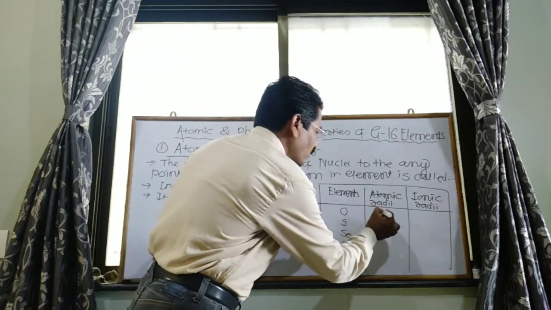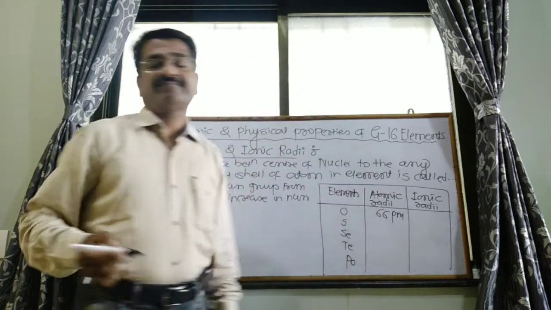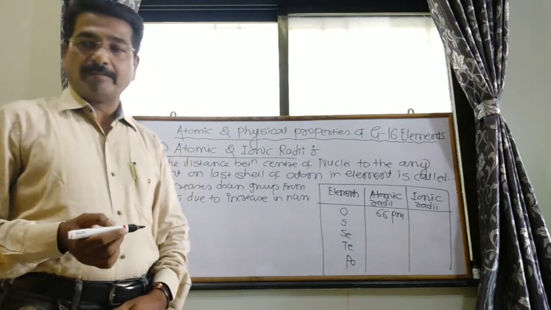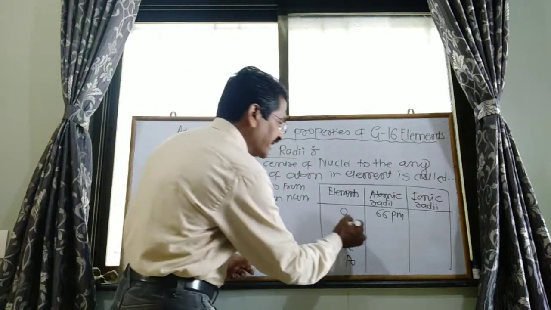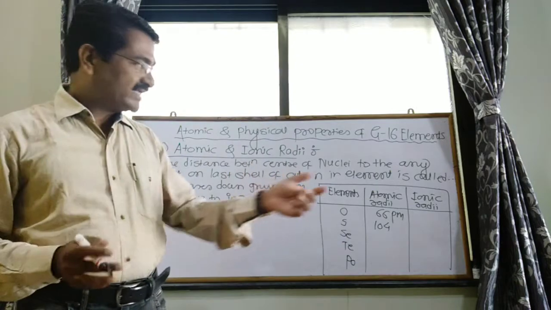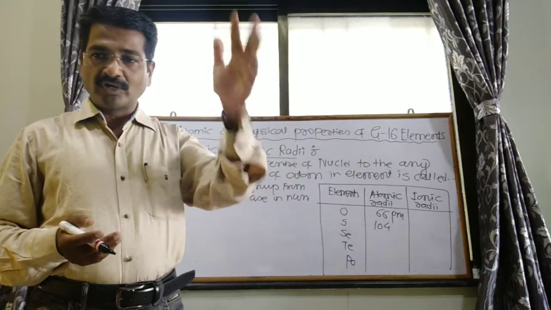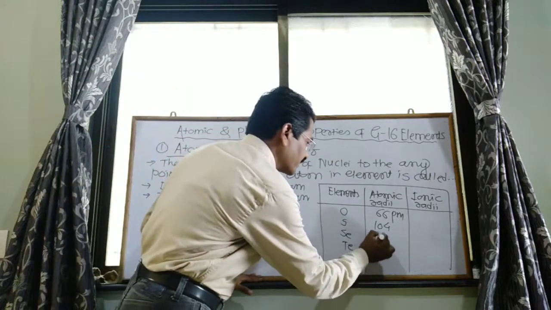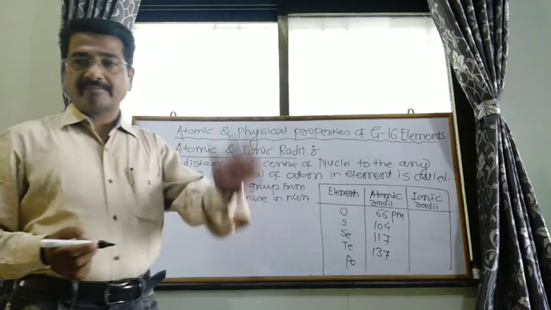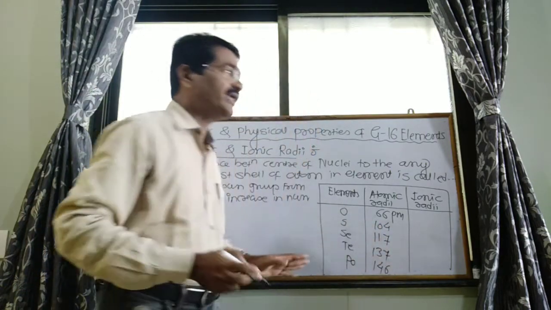The atomic radius of oxygen is 66 picometer and the atomic radius of sulfur is 104, which is more than oxygen. 66, then 104, then 117, then 137 for tellurium, and last is 146.